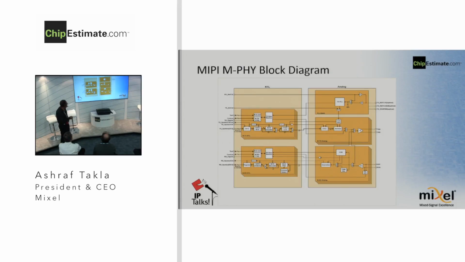So nothing unusual here. Again, the receiver is a very classical type of receiver with the CDR and the deserializer. Then there is quite a bit of logic in terms of state machine, many different power down save states that require sophisticated state machine.